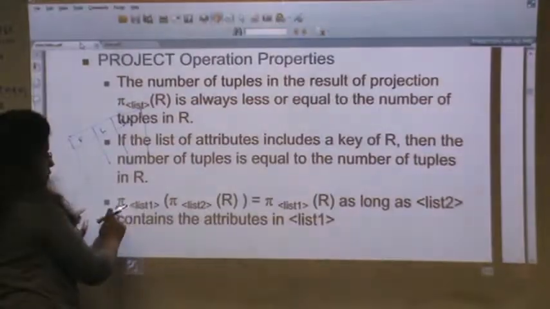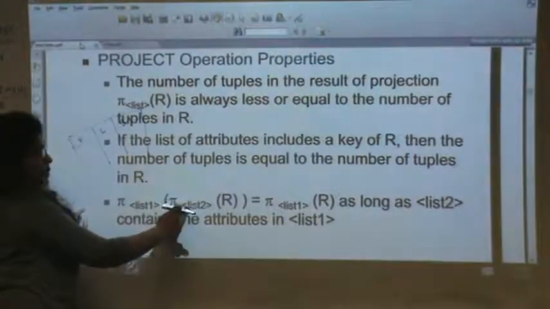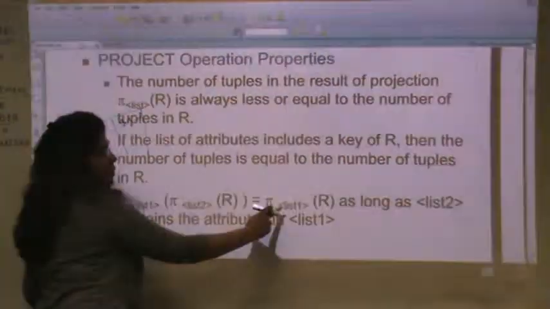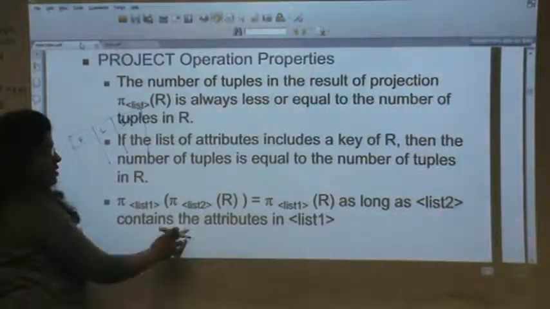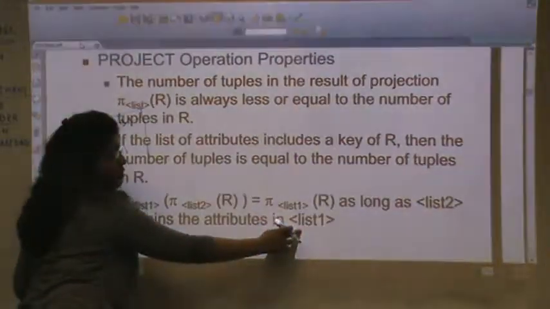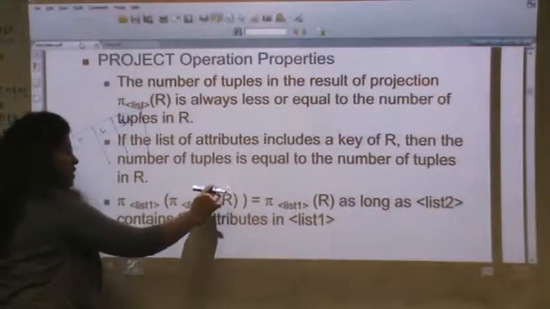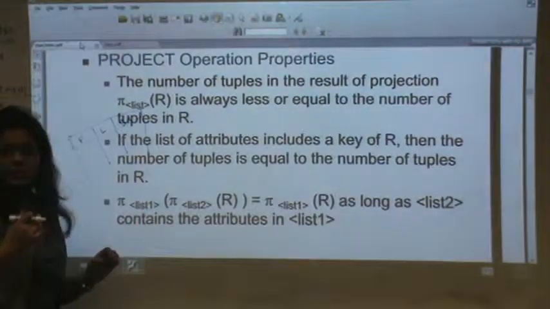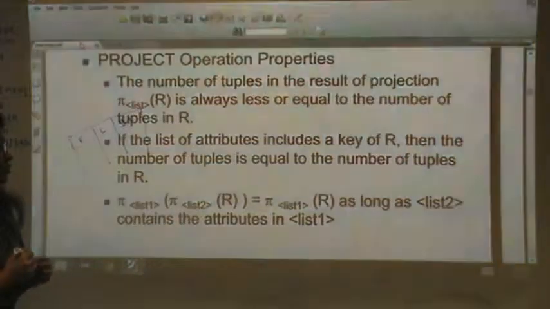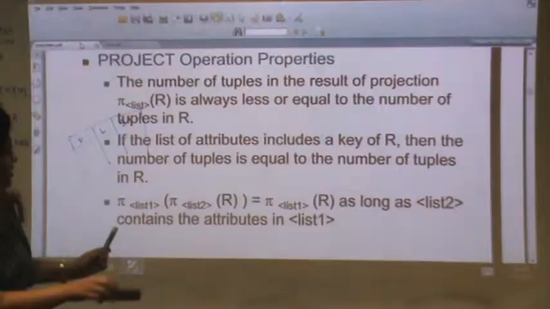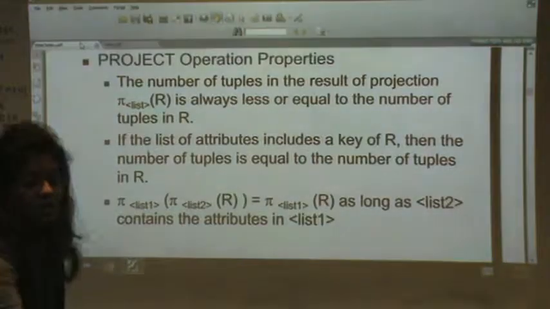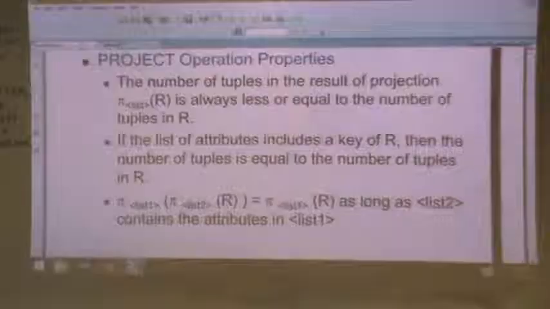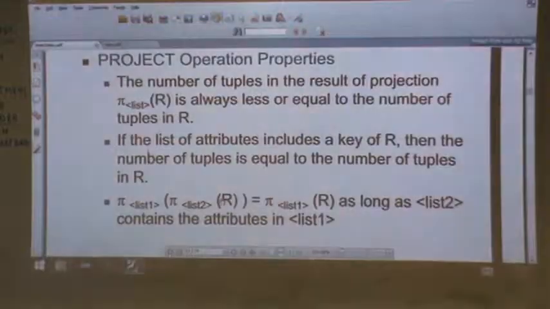That means pi of list 1 and pi of list 2: pi of list 1 holds as long as list 2 contains the attributes of list 1. So if it's the same table, only the duplicates will be gone. I think this is more theory, so we'll understand it when we see some examples. But this is an important thing.